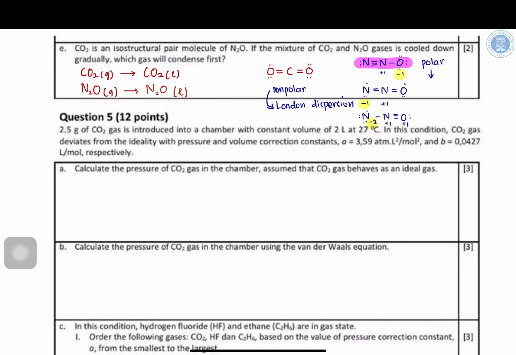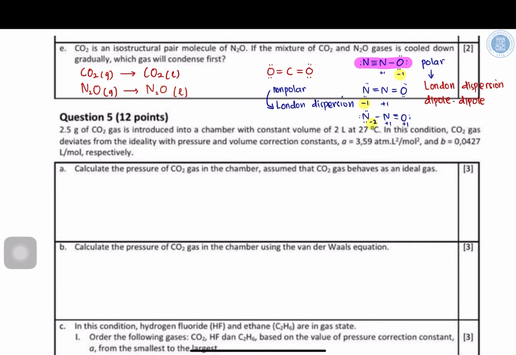Every molecule has London dispersion, but a polar molecule has an additional intermolecular interaction, which is dipole-dipole. This dipole-dipole is stronger compared to London dispersion. So if we compare CO2 and N2O, the intermolecular interaction of N2O, a polar molecule, is stronger compared to CO2.